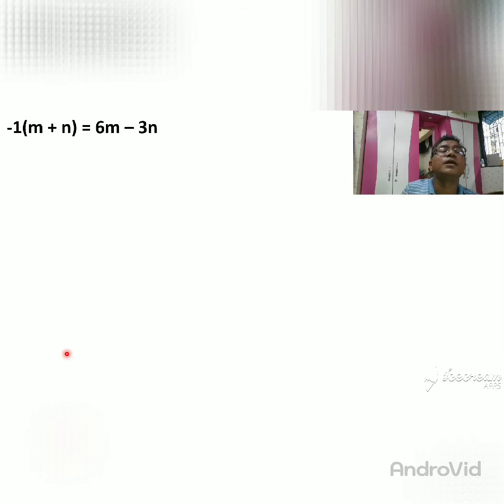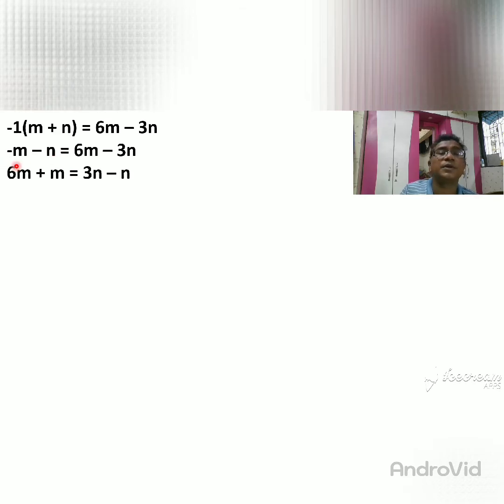Now -m goes across and becomes plus, so 6m plus m gives 7m. Then -3n goes across and becomes plus. So here we are getting 7m.